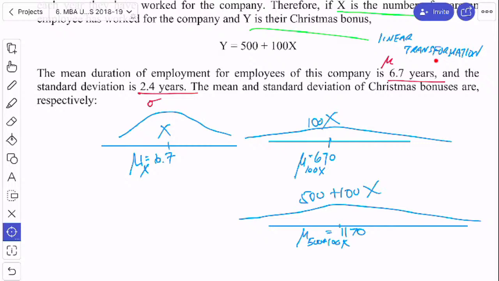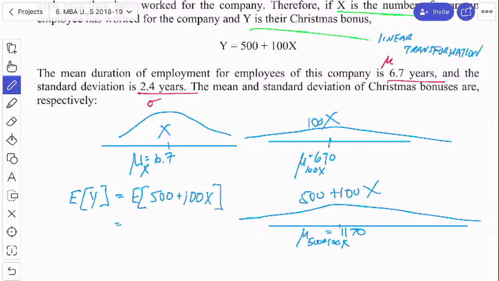But in general, for the linear transformation, the effect of it, this is called the mean operator. This is the operator for average or expected value. If I put the operator on 500 plus 100X, the operator lets everything that happens to the values also happen to the mean.